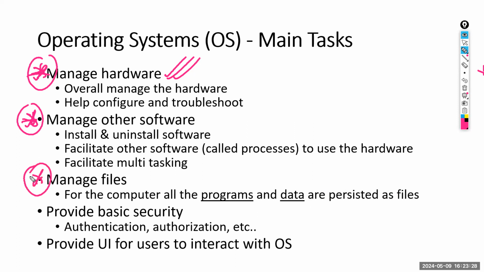All your files in your Windows or Mac or Linux operating system are under the control of operating system. So hardware, programs, running programs, and files. Remember, another name for running program is process. And of course, the operating system provides the basic security like basic authentication, basic authorization, and virus detection.